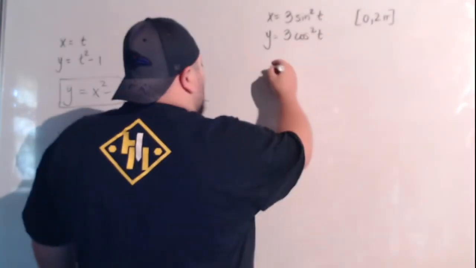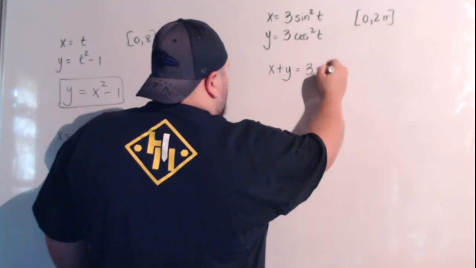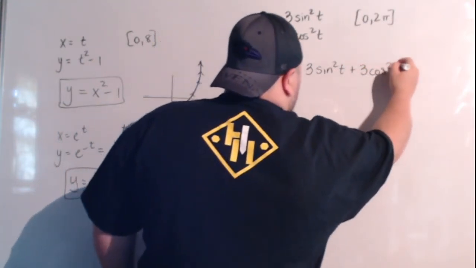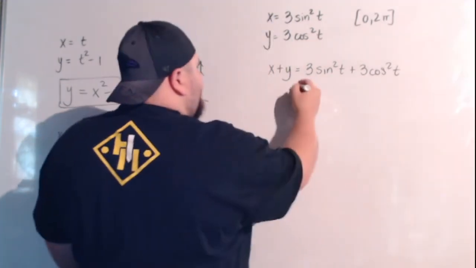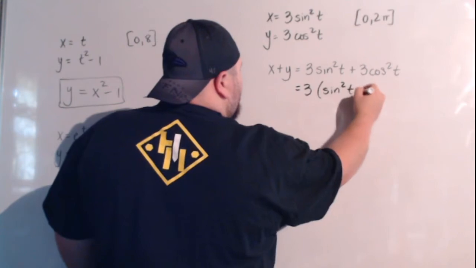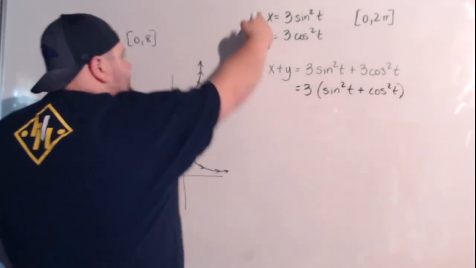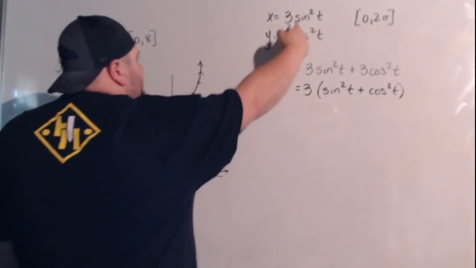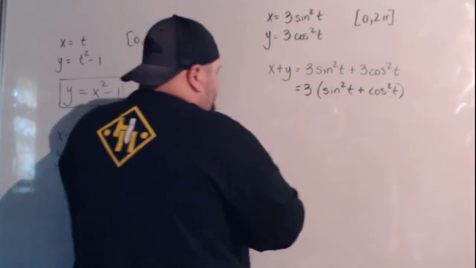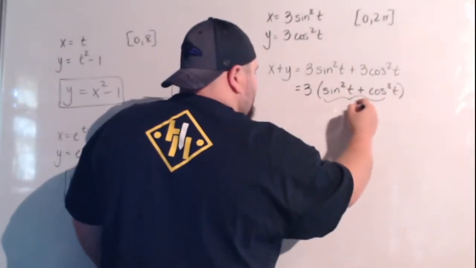So if instead I added these two things together and factored out a 3, right, so I just said let's do x plus y on this side and these two things on the other, right? Factored out the 3, and sine squared plus cosine squared is 1.